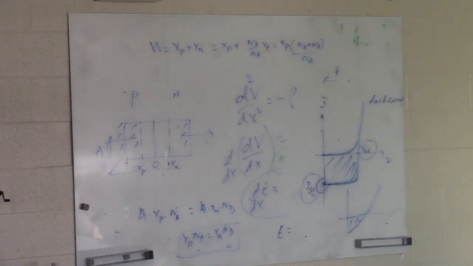Next chapter is about superconductors. When we talk about superconductors, it's a completely different theory. So far we were talking about everything based on what? Electrons and holes, right? In superconductivity, you cannot explain it with just electrons and holes.